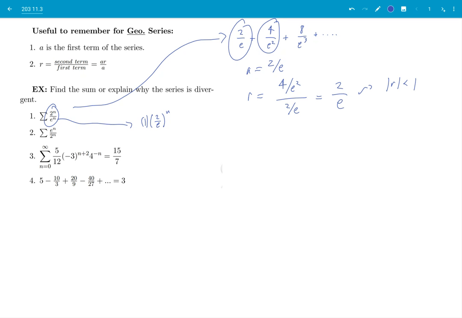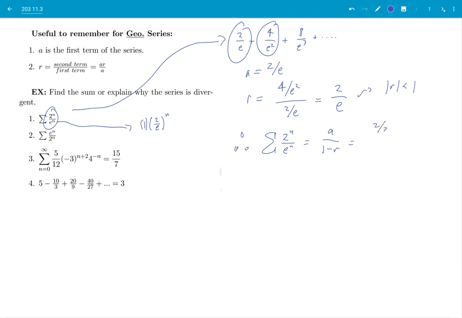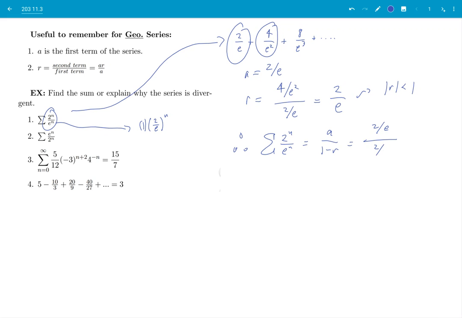So I can use my sum formula. The sum is going to be a over 1 minus r, which is 2 over e divided by 2 over e. It's just 1. Huh. Next one.